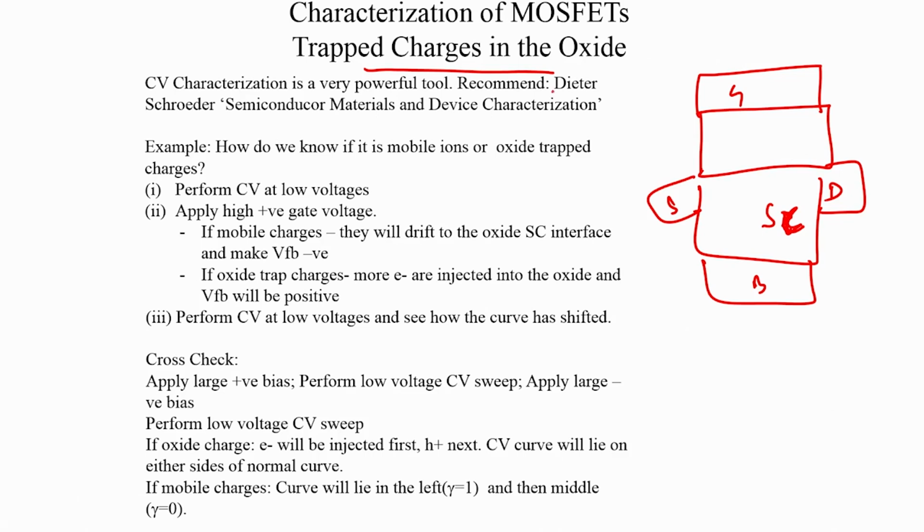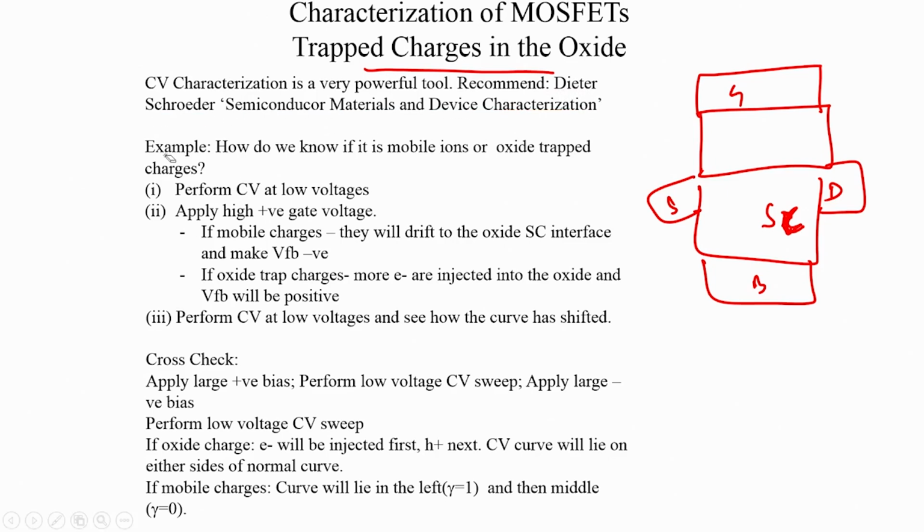Okay, and I strongly recommend this textbook by Dieter Schroeder, which is called Semiconductor Materials and Device Characterization. It is there in the reference list, but I just thought it's a good textbook to mention over here, because it talks about different characterization techniques for semiconductors in general, and this includes the characterization of mobility via different techniques such as the Hall effect measurement, and it goes all the way through to interfacial trap charges and techniques for MOSFET characterization.